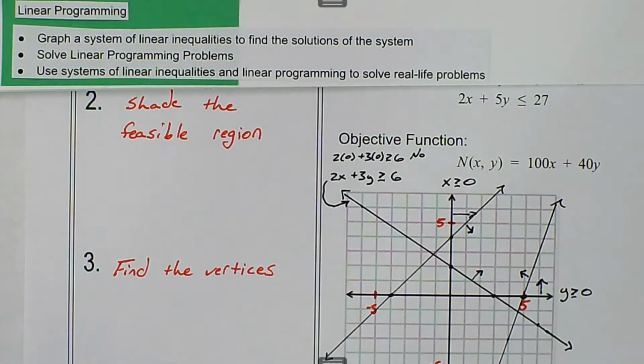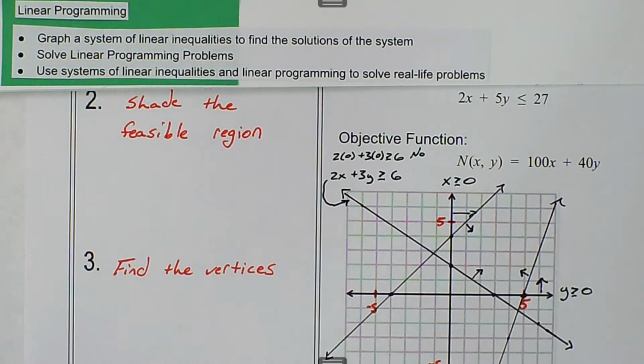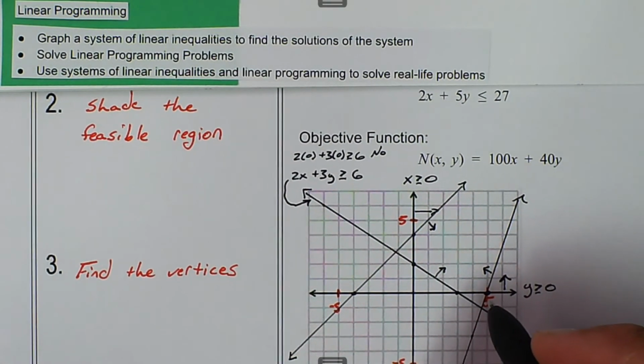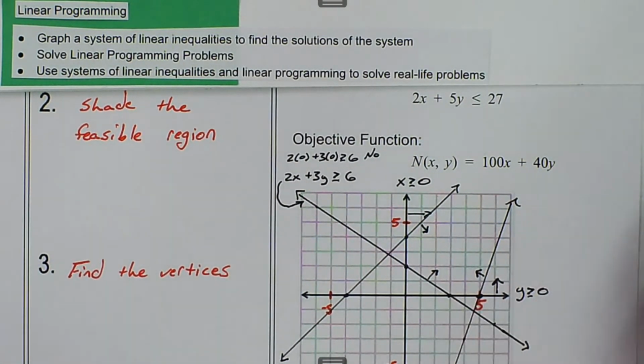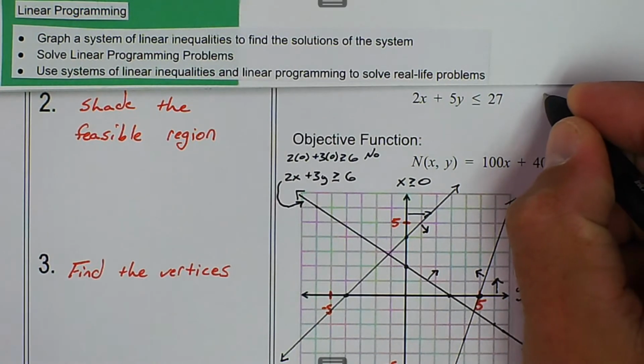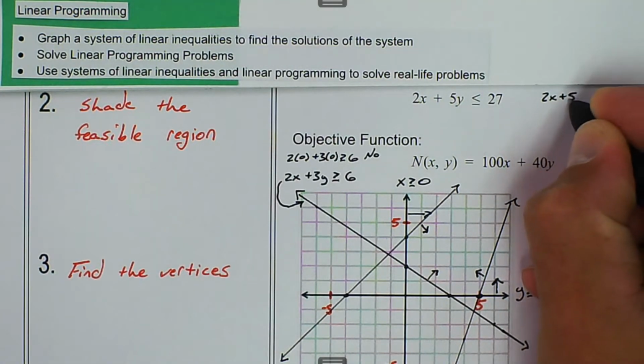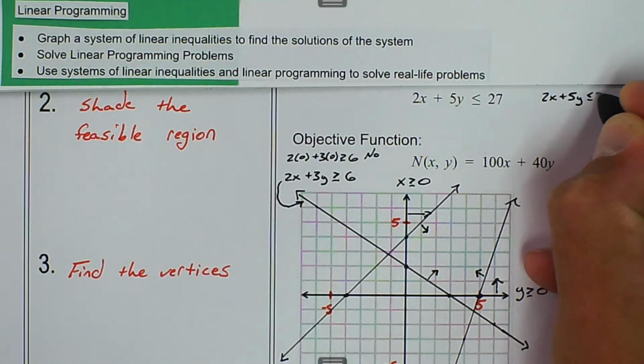And then we have our last one, 2x plus 5y is less than or equal to 27. And that one, off the top of my head, I can't do, so I'm going to have to solve that one. So I'll write it right here. 2x plus 5y is less than or equal to 27.